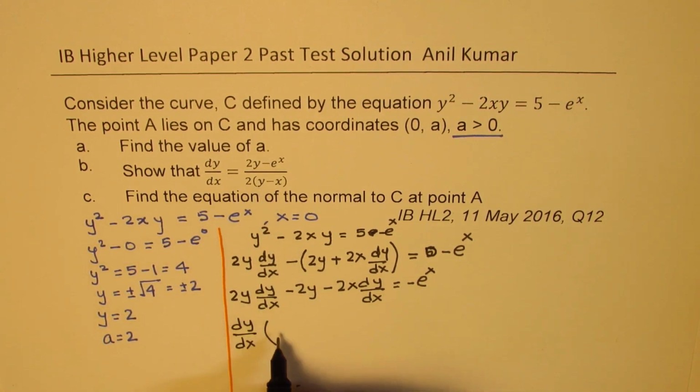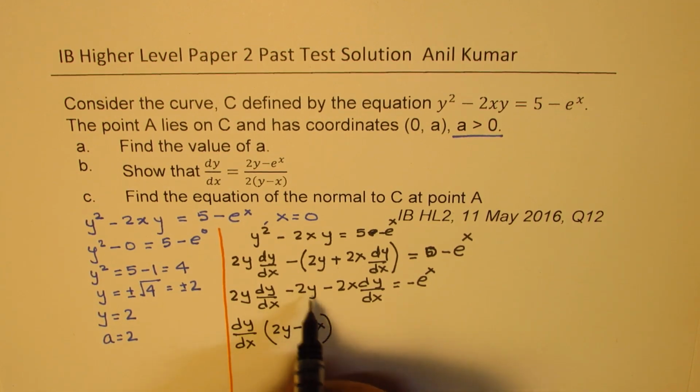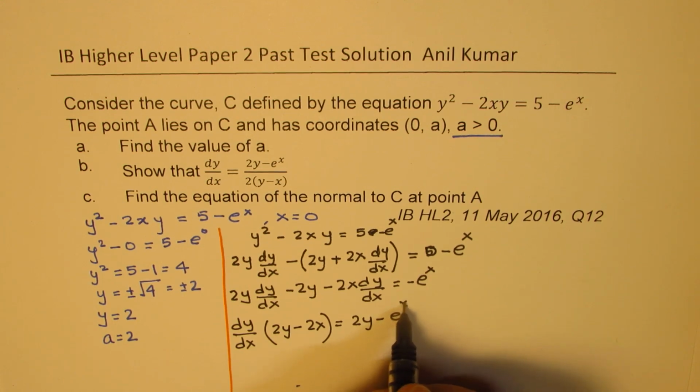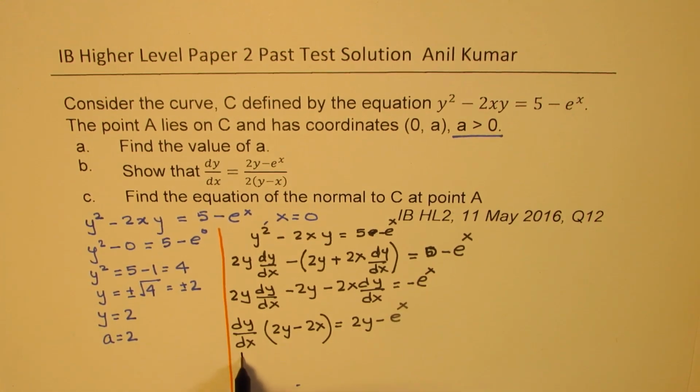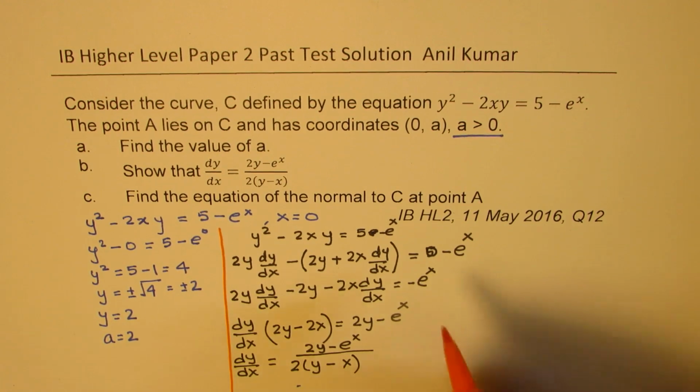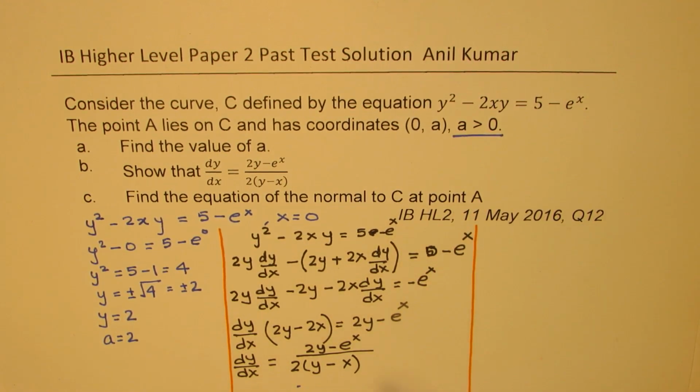Or we'll take 2 common later. 2y minus 2x. 2y on the other side minus e to the power of x. Correct? So clearly dy/dx is equal to (2y minus e to the power of x) over 2. Let's take 2 outside, write it just as required, (y minus x). Is that clear? So we do get the same derivative, and that's what is required.